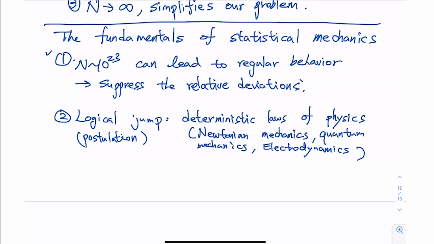Okay, so that's basically a very big assumption behind statistical mechanics.